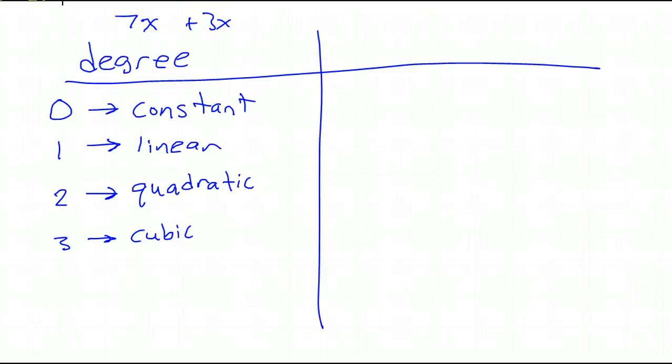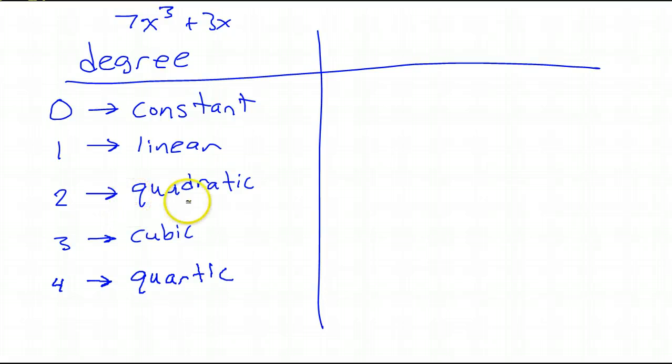If we have degree 3, we call that cubic. Okay, so if this was 7x to the third power, now it's cubic. And if we have degree 4, we call that quartic. So don't get confused between quadratic and quartic. Normally when students see the prefix quad, they naturally think 4.